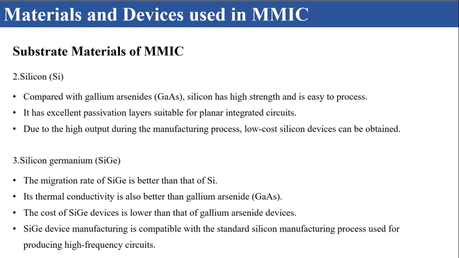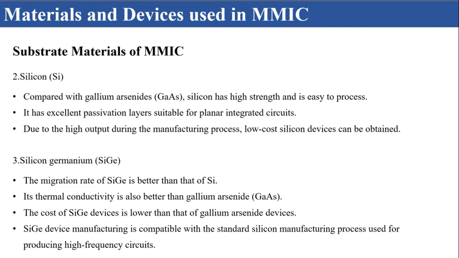Compared with gallium arsenide, silicon has high strength, is easy to process, and has an excellent passivation layer suitable for planar integrated circuits.